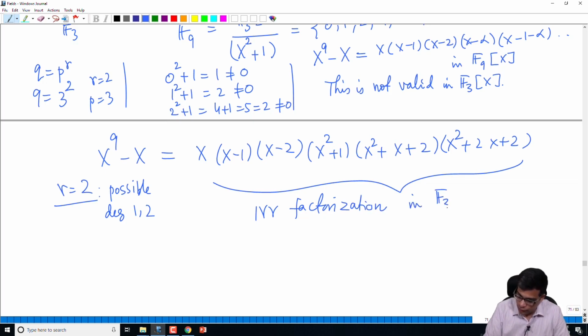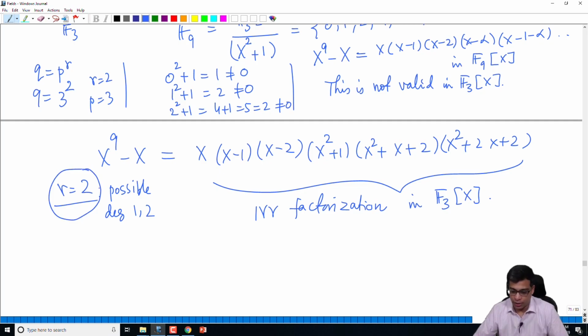So this is the irreducible factorization in F3[x]. By the structure theorem, the irreducible factors of x power 9 minus x have degrees which divide 2 in this situation.